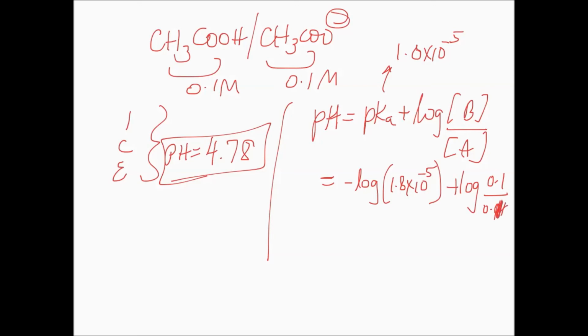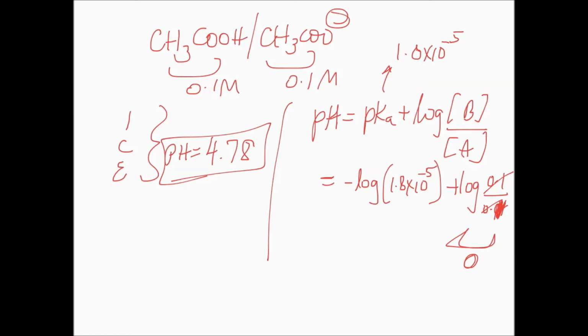Both of those are going to cancel off, so that's not going to actually count. That's going to be log of 1 is basically 0. So all you got to do is get the negative log of 1.8 times 10 to the negative fifth, and that should give you your overall answer.